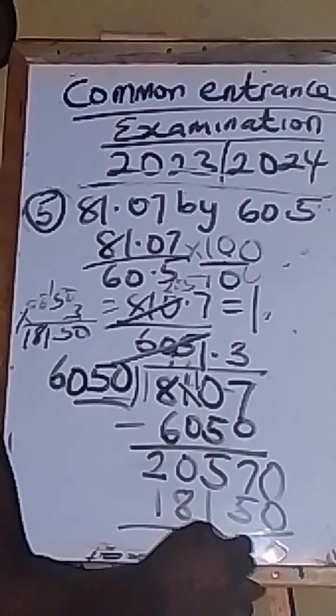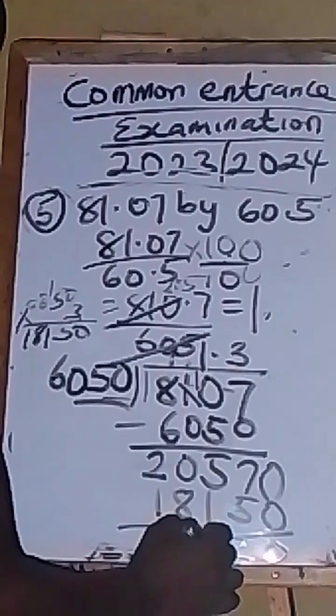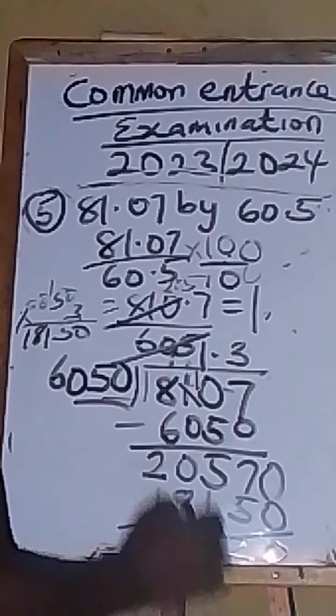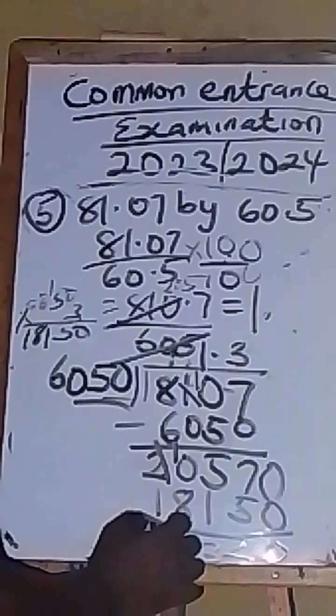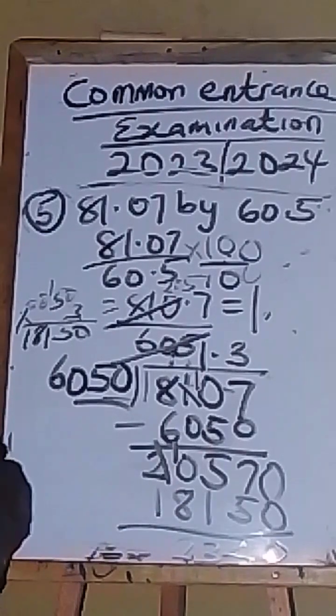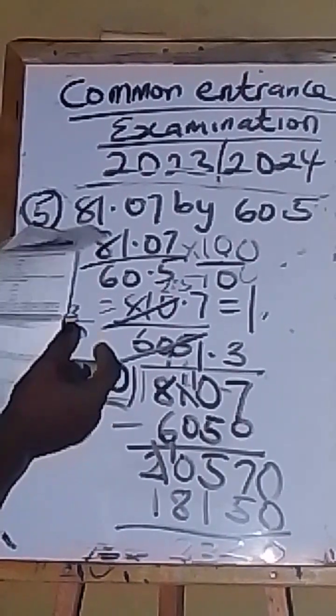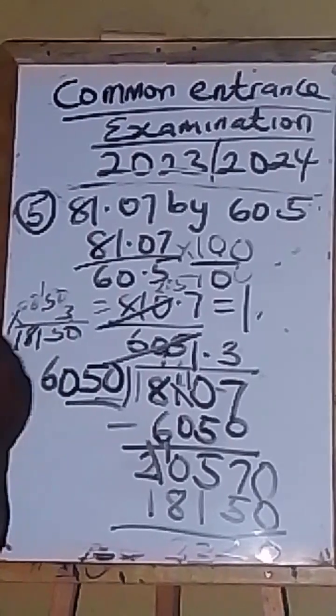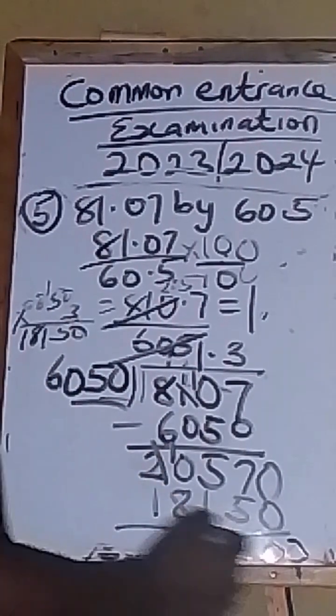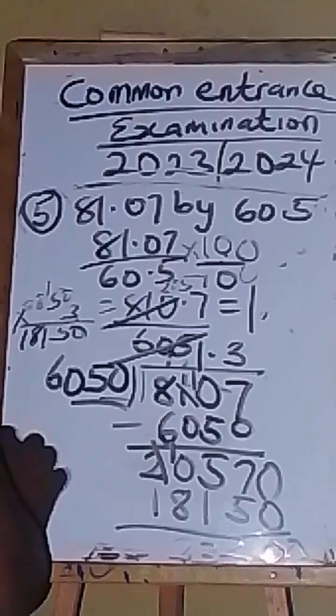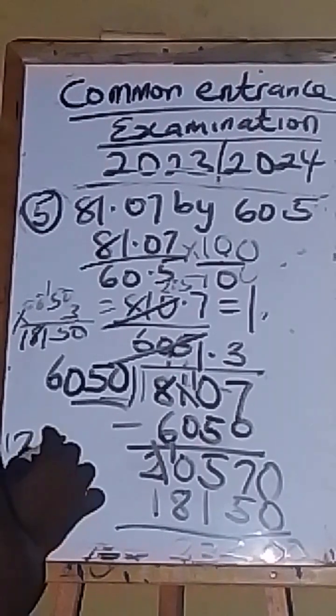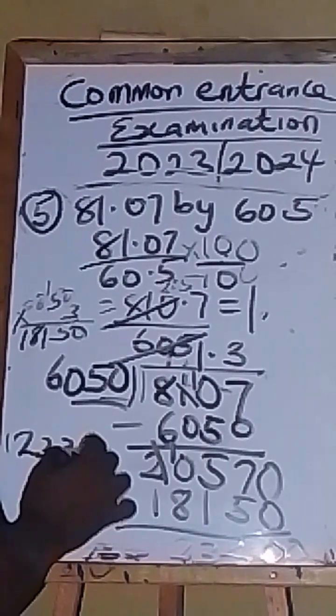Subtract 0, 2. 3. Borrow 1 here. We have 2. We have 2. So if we add another 0, that will give us 2, 3, 2, 0, 0.